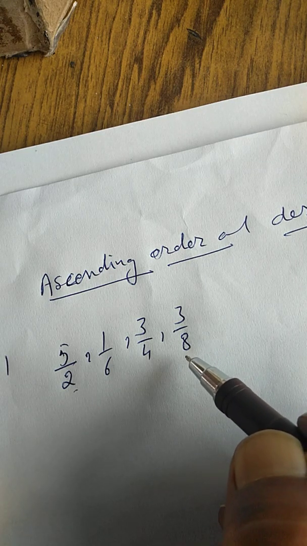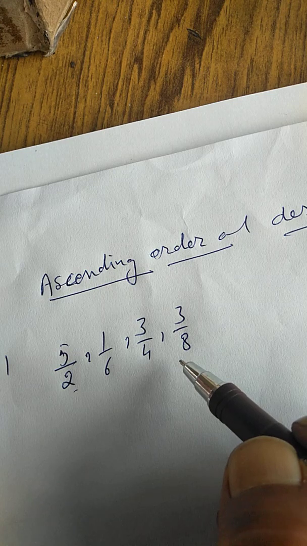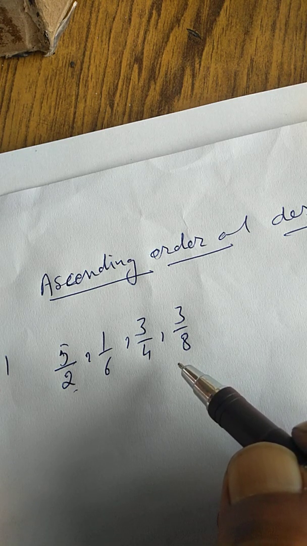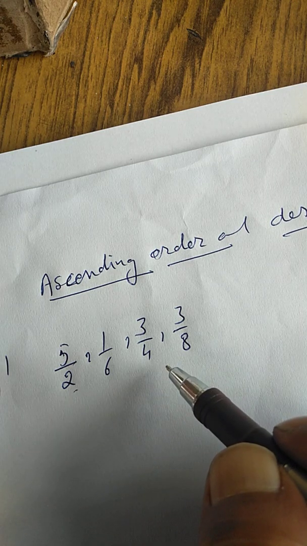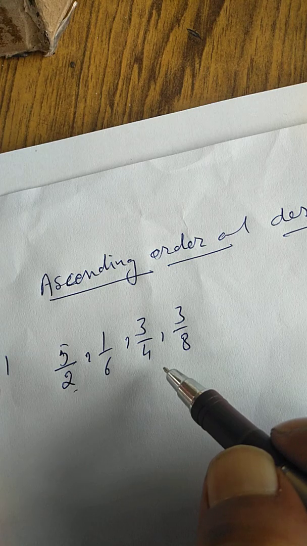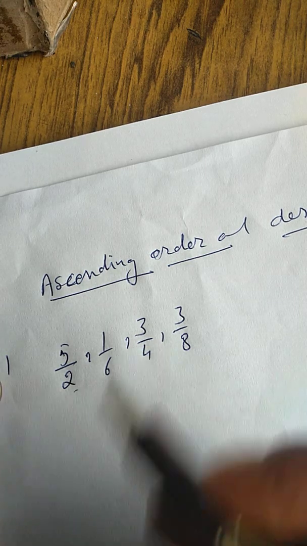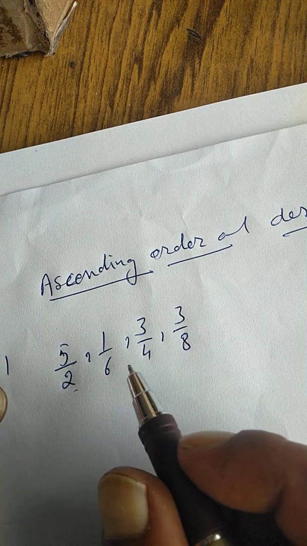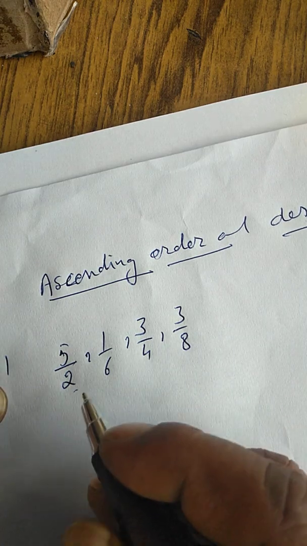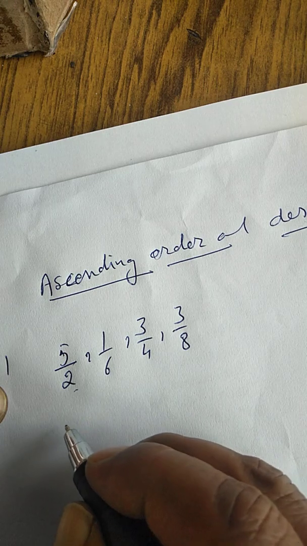Now, to arrange them in ascending order, what will we have to do first? We will change these unlike fractions into like fractions. To change them into like fractions, we will take the LCM.